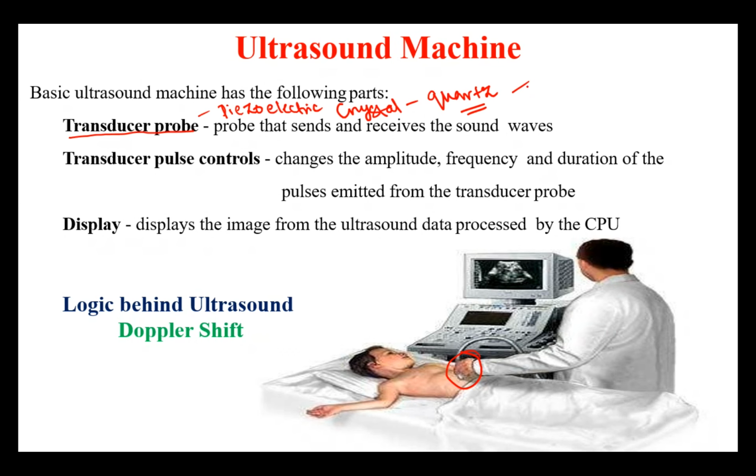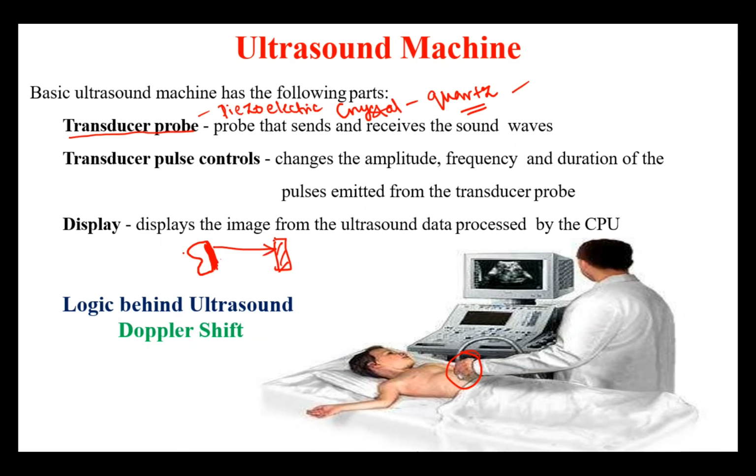Okay, so simply put, I have one transducer here. This is my ultrasound transducer. I'm going to pass the ultrasound transducer over a specific organ. So they'll place the transducer at a specific organ and they'll send a sound signal.